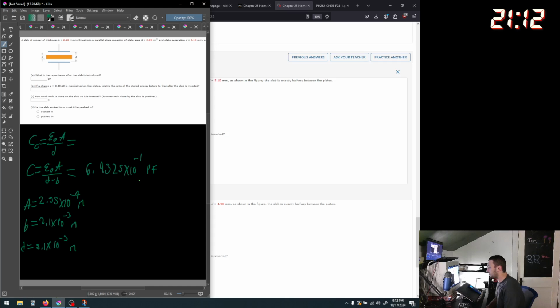So now that we have that, now if charge Q is maintained on the plates, what is the ratio of energy stored before and after?